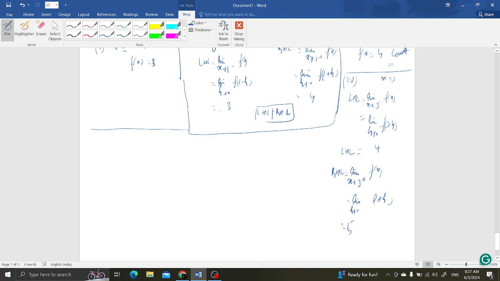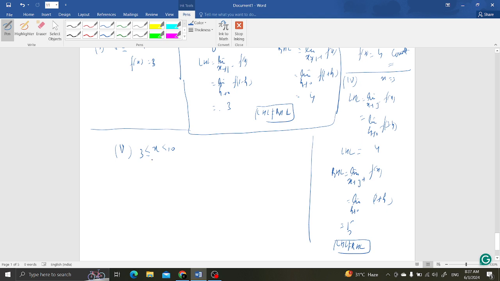So again LHL is not equal to RHL, which implies the limit does not exist, and the function is not continuous at 3.